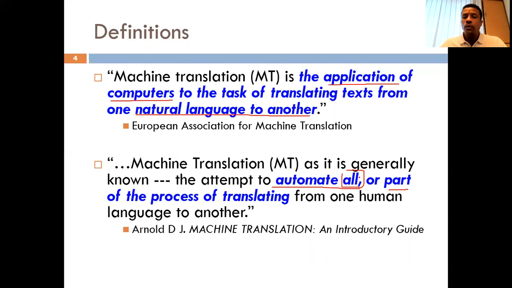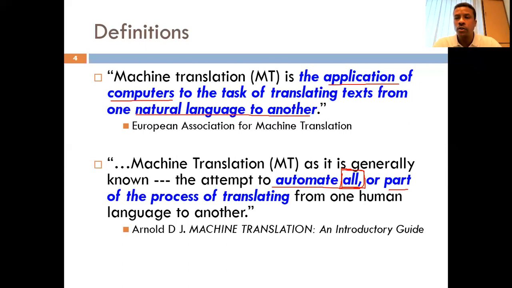The part where we will do all translation is especially when you have a domain-specific translation. If it is in a specific domain, then you can do all translation, like think about weather forecast, think about reservation system, think about phone dialing or time telling or something like that.